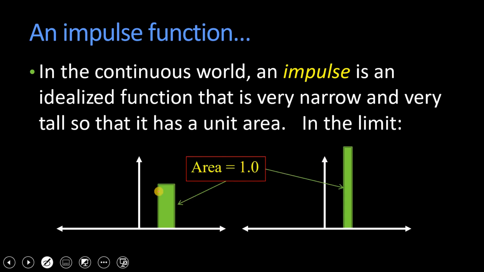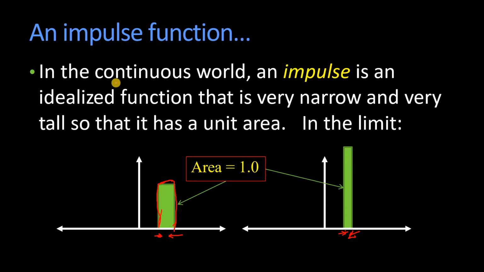But in practice we have a signal that has a time period as small as possible, and correspondingly the height should be such that the overall area of the signal is 1. So either the signal has a little bit of width, then the height will be less, or if the width is smaller, then the height will be higher.